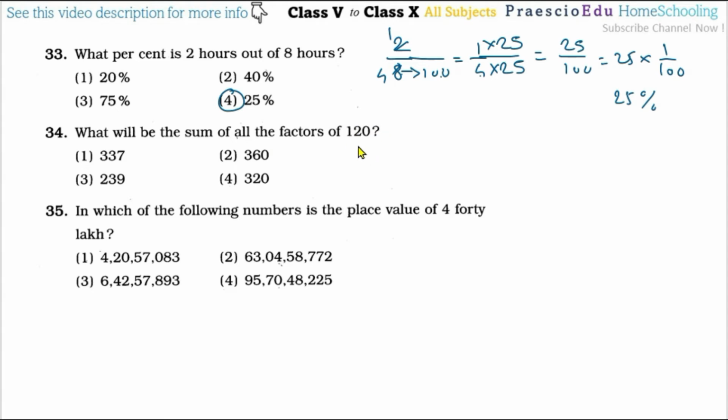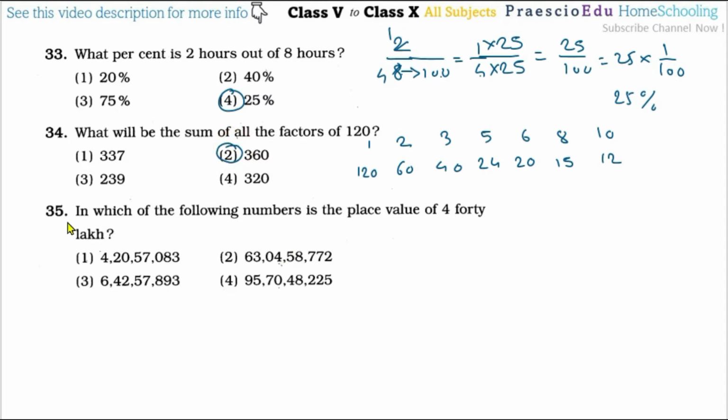So the factors are 1 and 120, then 2 and 60, then 3 and 40, then 5 and 24, then 6 and 20, then 8 and 15, and 10 and 12. So these are the factors, but we have to make the summation. If you do all this summation, you will get 360, means option number 2 is the correct one.